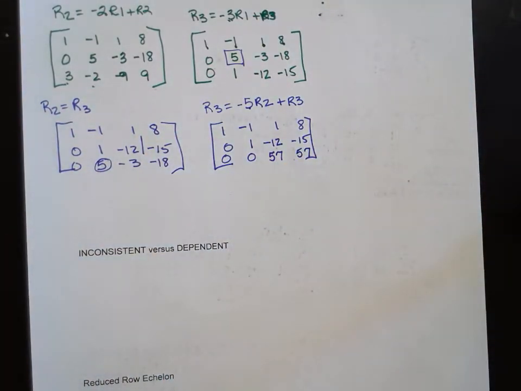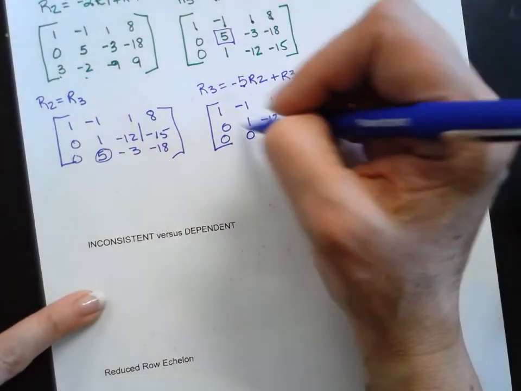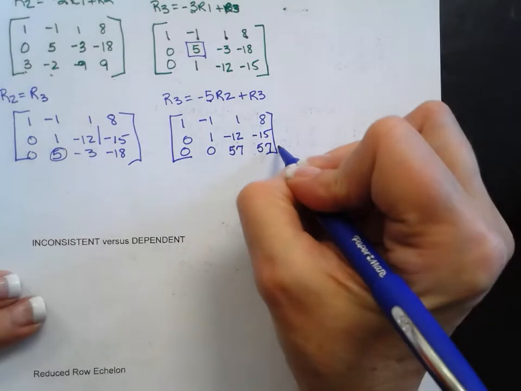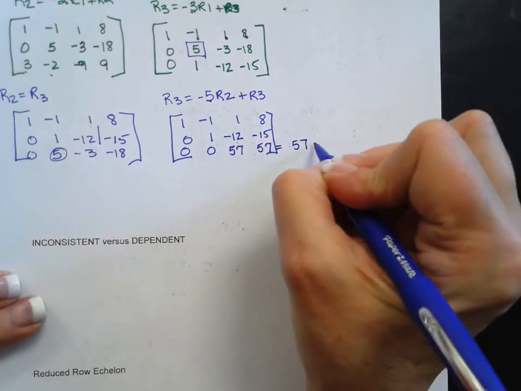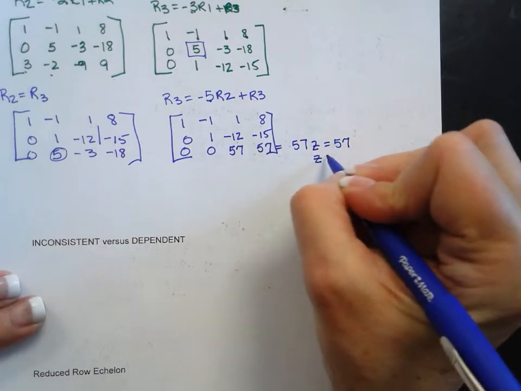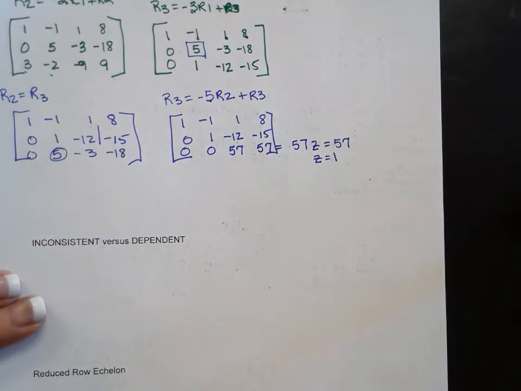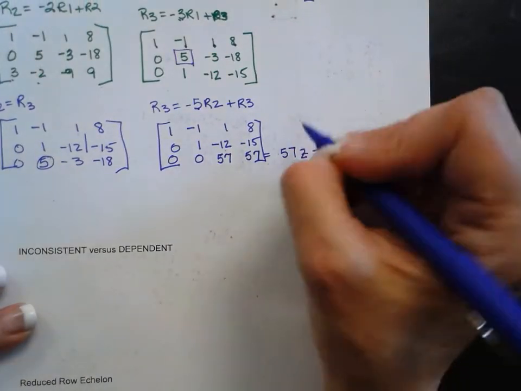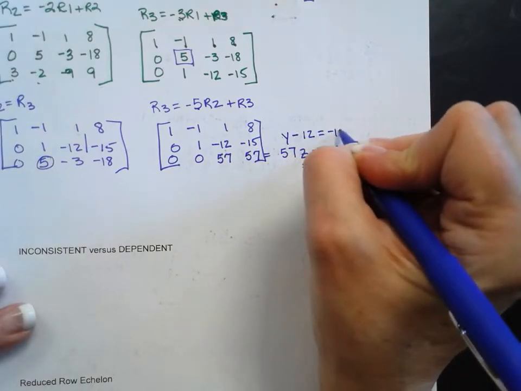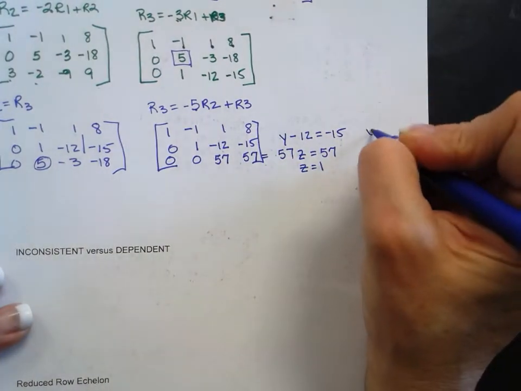Okay? All right, I got my triangle, so now I can solve. All right? So I'm going to have 57z is equal to 57. And so z is equal to 1. Good? Okay. y minus 12 is equal to -15.